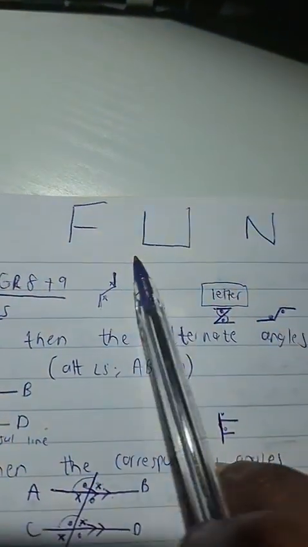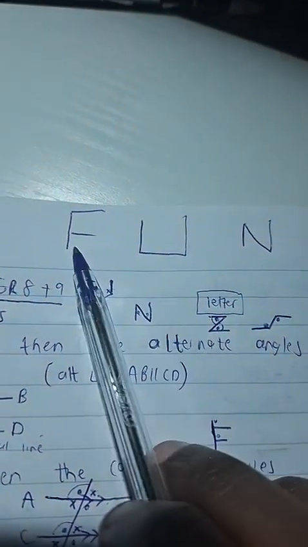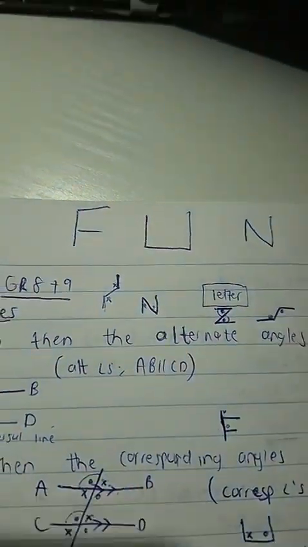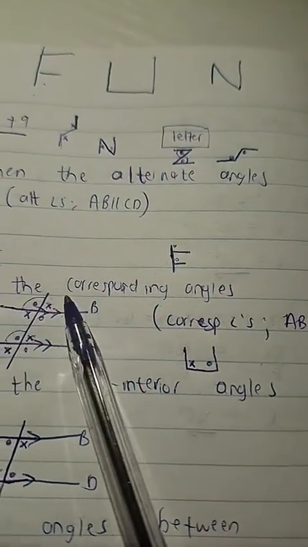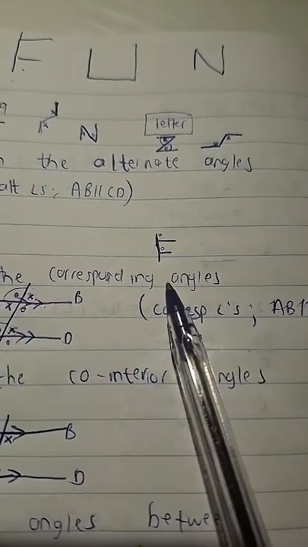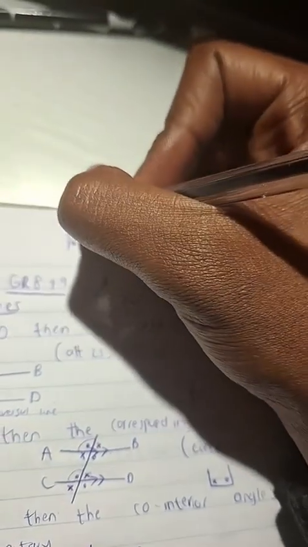So they usually refer to FUN. Why FUN? Because the F shape, as we had explained, has to do with corresponding angles: on top of one parallel line, on top of the other; bottom of one parallel line, bottom of the other.